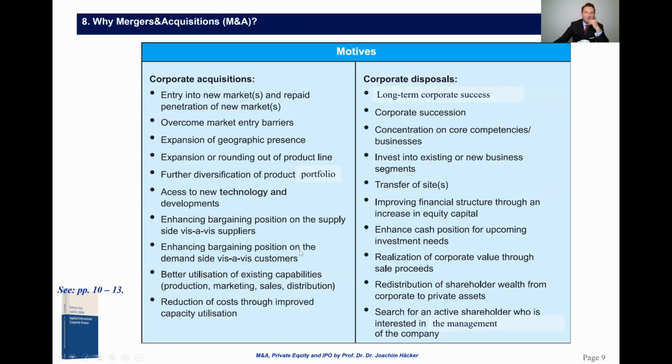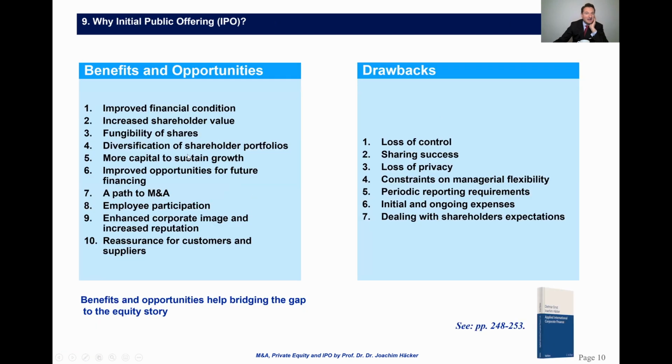And so we get really an opportunity to finance sustainable growth. We have improved opportunities for future financing, as mentioned, from equity to debt financing. We might actually add some mezzanine financing, depending on the specific case.